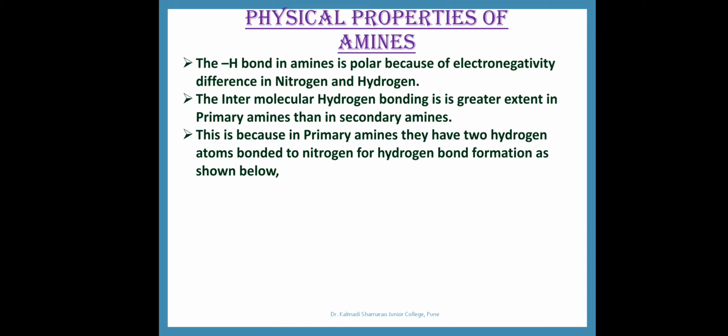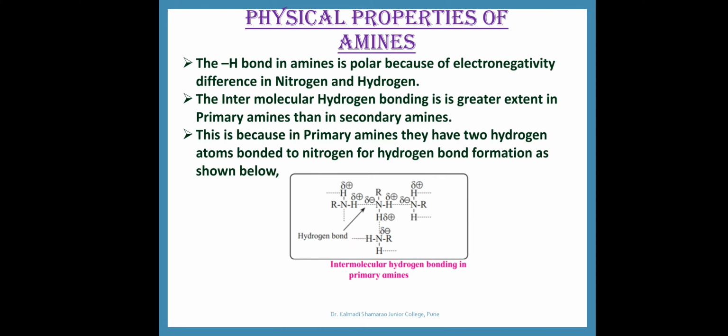This is because primary amines have two hydrogen atoms bonded to the nitrogen, and this we can show in this pictorial representation, the bonding in secondary amines and the intermolecular hydrogen bonding in primary amines.